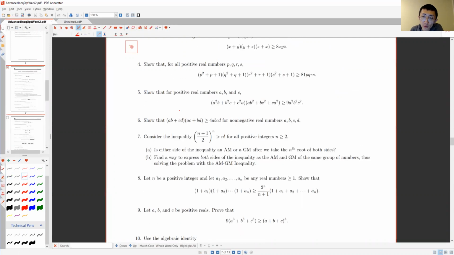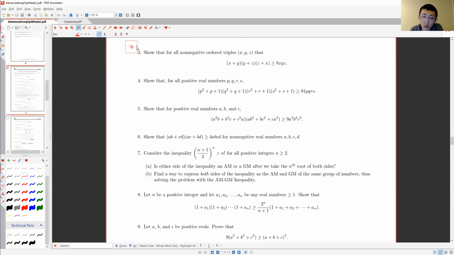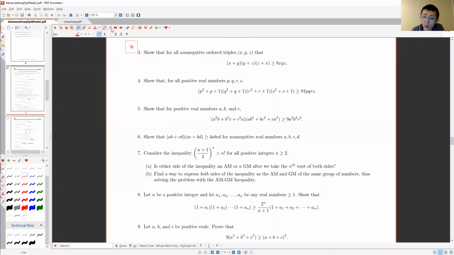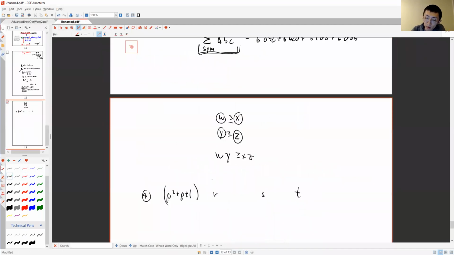So that means on number 4, I'm just going to write down 4. It's like this. And then there's the R and S and T or something, right? Or QRS, whatever. I don't want to keep pasting it, but yeah, so you have this.